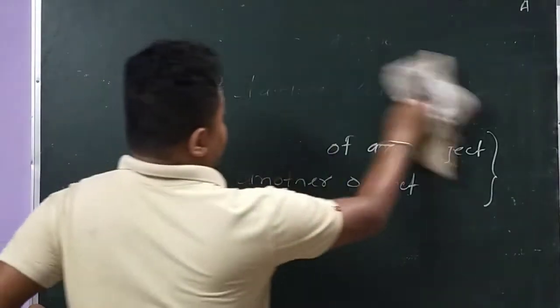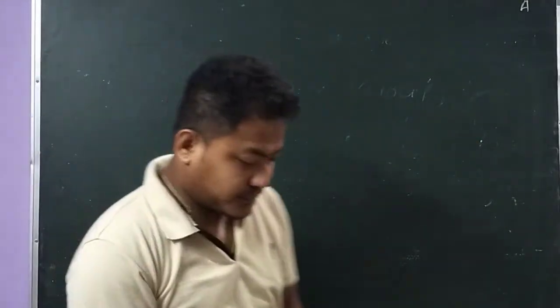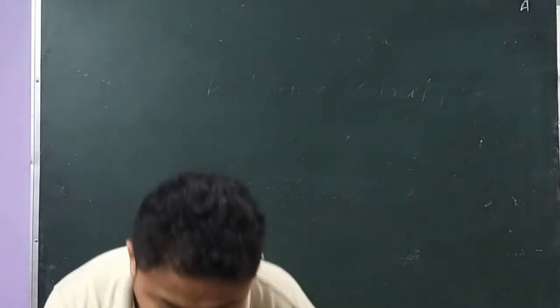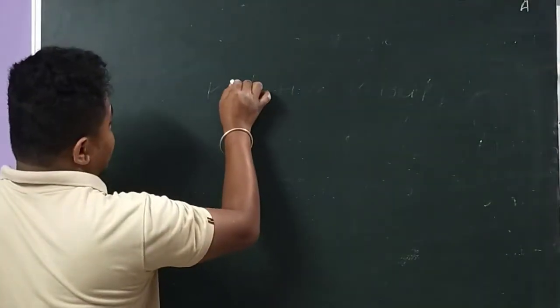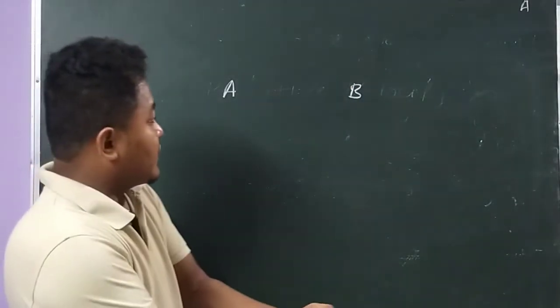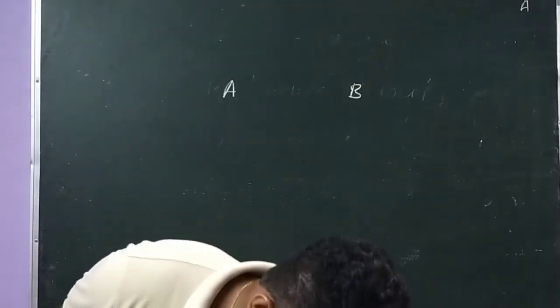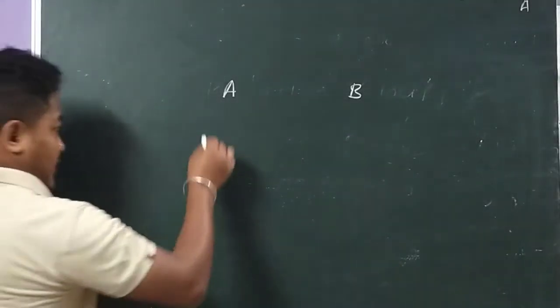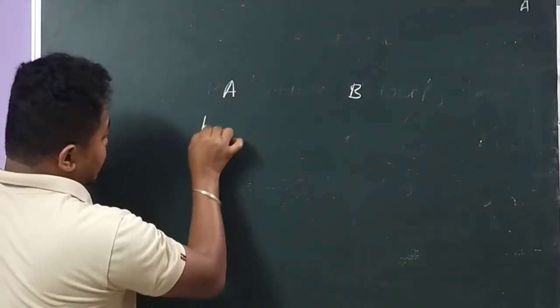Let us come to the topic. Suppose we have two objects, object A and object B. Let's be very clear in this case. Object A is moving with a velocity of 10 meters per second.